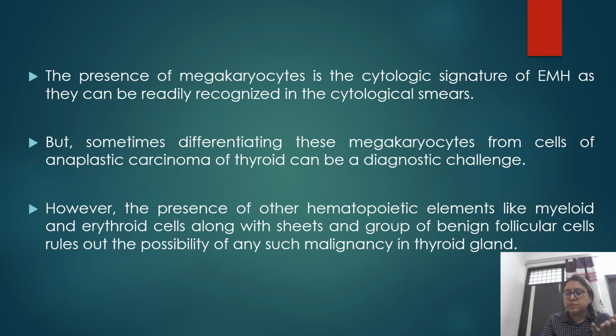इस केस में तो हमें तीनों एलिमेंट्स मिल गए, ठीक है, एरिथ्रॉइड, माइलॉइड, मेगाकैरियोसाइट, सो इजीली हमने कह दिया कि ये EMH है. ठीक है. बट अगर सिर्फ मेगाकैरियोसाइट्स मिले, दैट इज आल्सो साइटोलॉजिकल सिग्नेचर, हम उसको बोलना ही पड़ेगा हमें EMH. बट उस केस में आपको डिफरेंशियल डायग्नोसिस, यू हैव टू रूल आउट द अदर कॉजेज ऑफ प्राइमरी थायराइड, क्योंकि एनाप्लास्टिक कार्सिनोमा ऑफ थायराइड में भी ऐसे बड़े बड़े सेल्स मिल सकते हैं, तो हमें उन सेल्स को डिफरेंशिएट करना होगा फ्रॉम मेगाकैरियोसाइट्स. ठीक है. बट हमारे लिए इजी हो गया बिकॉज वी गॉट other hematopoietic elements like myeloid cells, erythroid cells, along with those megakaryocytes, and also what we got were benign follicular cells के cluster with specks of colloid.